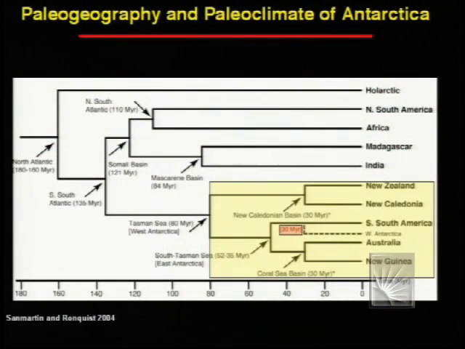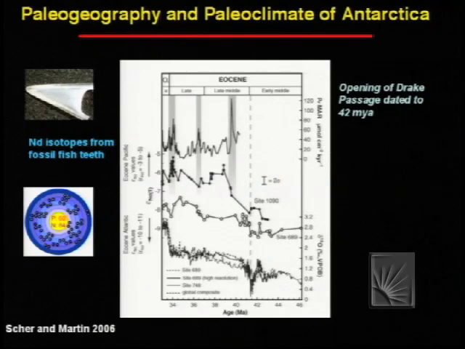then the hypothesized date of split between southern South America and the Antarctic Peninsula was 30 million years. However, isotope ratios from fossil fish teeth have shown that there's a strong signal of mixing between Pacific and Atlantic waters around southern South America and the Antarctic Peninsula.